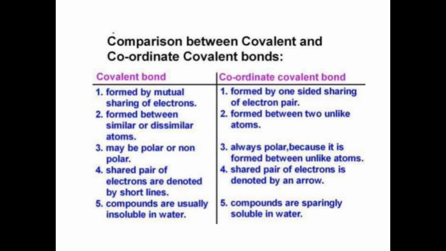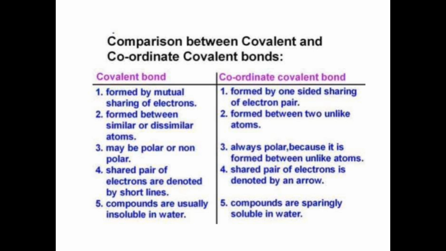We can look at a comparison between ordinary or pure covalent bonds and coordinate covalent bonds. These are salient differences. Covalent bonds are formed by mutual sharing of electrons. Coordinate covalent bonds involve one-sided sharing of an electron pair. Number two is that pure covalent bonds are formed between similar or dissimilar atoms. Coordinate covalent bonds are formed between two unlike atoms.